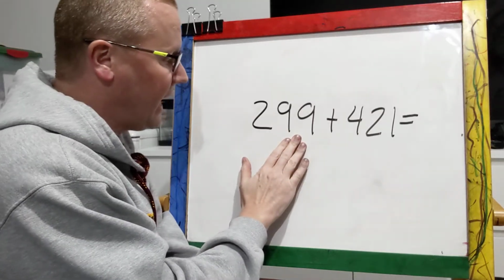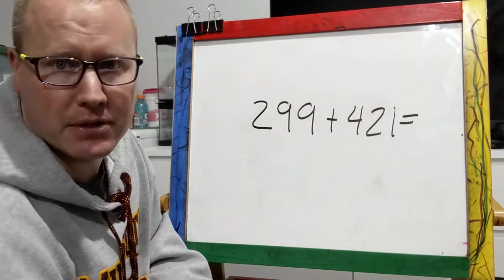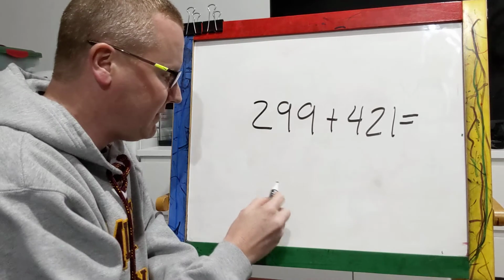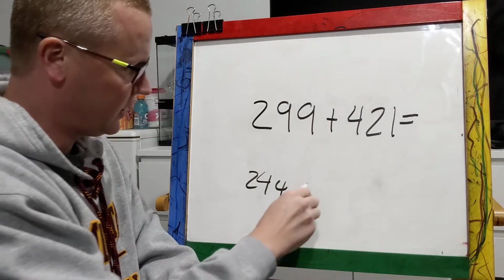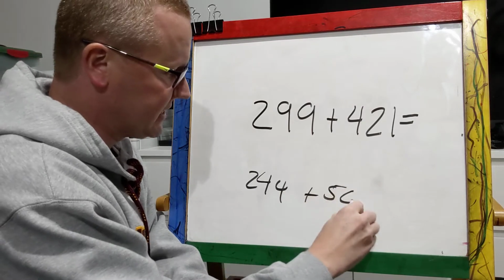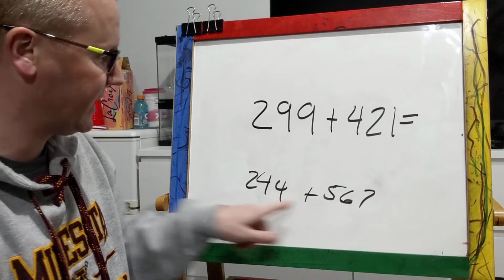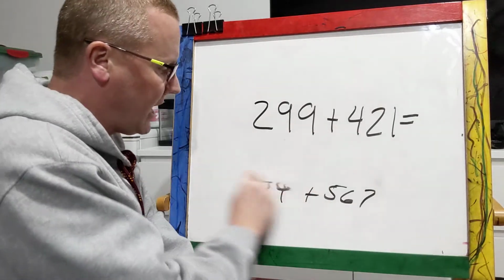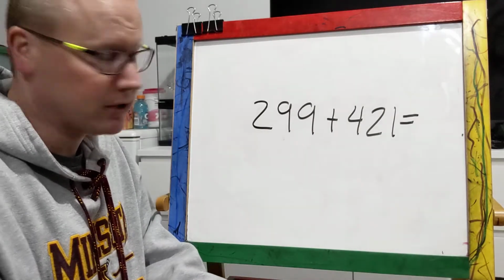I want to do give and take with numbers that are really close to easy numbers to work with. It wouldn't be very easy if I had 244 plus 567. It's really hard to get those to easy numbers. But when you're just a few off, you can make it easier to work.